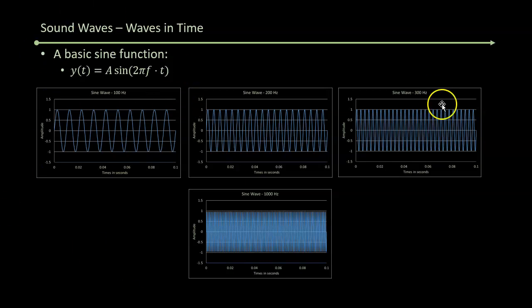So, basic sine function, here's 100 hertz, here's 200 hertz, 300 hertz, 10,000 hertz, and you can see the time scales are so different for different frequencies. The time scale for this is a tenth of the time scale for that. And then you go up to 10,000 hertz and 25,000 hertz.